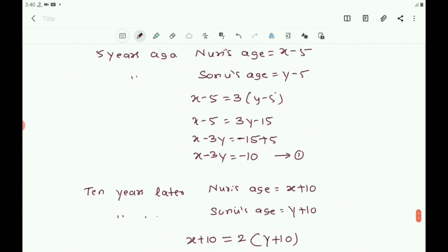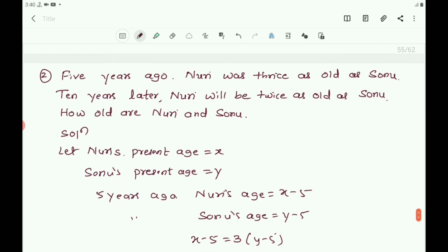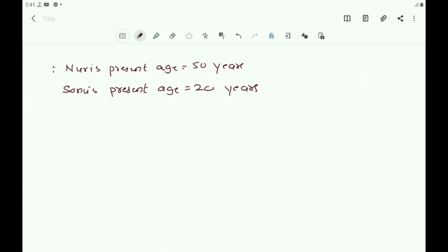Here what they said, 5 years ago Nuri's age becomes 45 and Sonu's age becomes 20 minus 5, that is 15. 15 times 3 is 45.